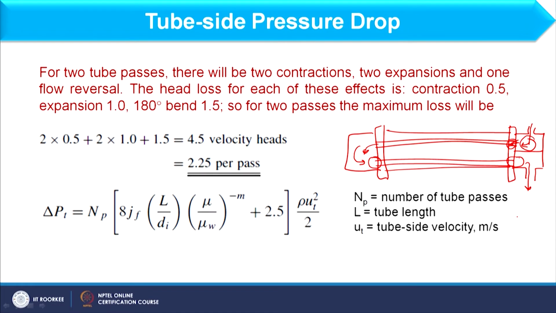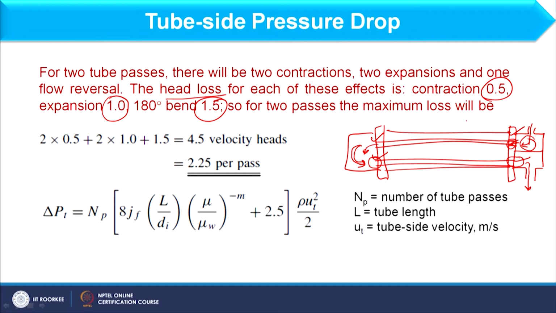So, what will happen if I consider 1-2 pass? At 2 points contraction will occur, at 2 points expansion will occur, and at 1 point 180 degree reversal is there. As far as head losses are concerned, in these conditions, for contraction consider head loss as 0.5, for expansion consider head loss as 1, and for a 180 degree bend consider head loss as 1.5.